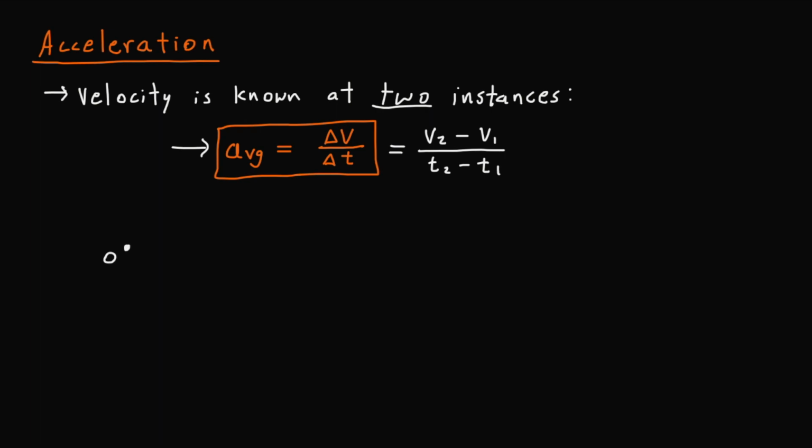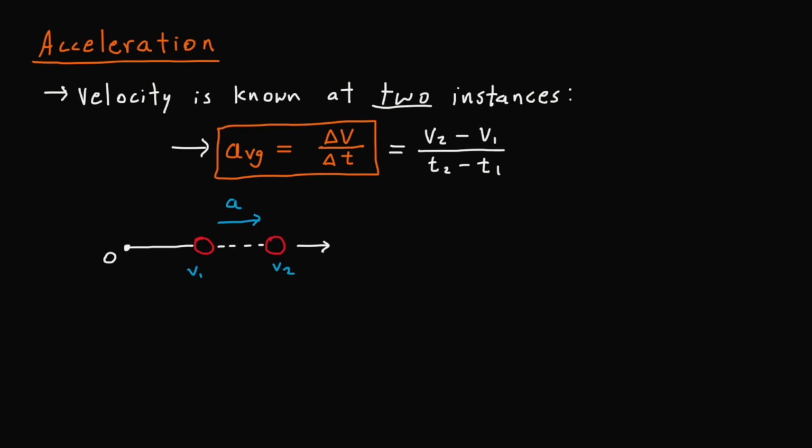And now in order to help visualize this, let's say we have a particle that is moving to the right, and let's say the velocity is increasing for this particle, and we have a second position or instance to the right, and this particle is carrying an acceleration to the right, and so we also have v1 and v2, just like so.